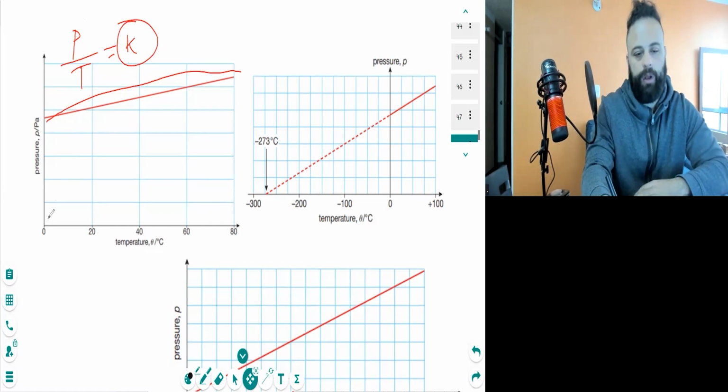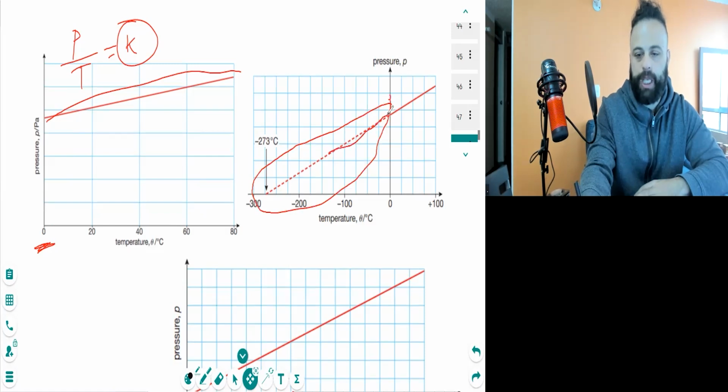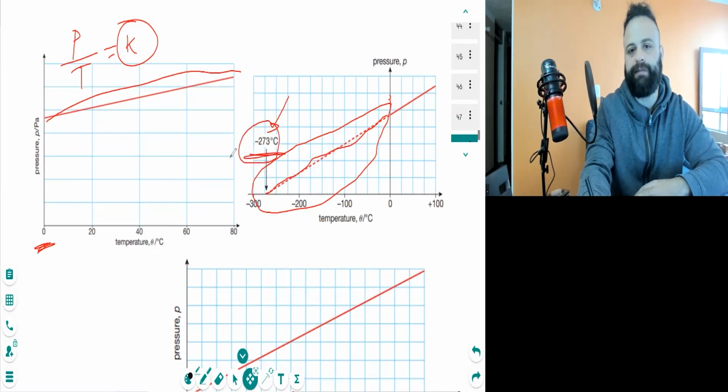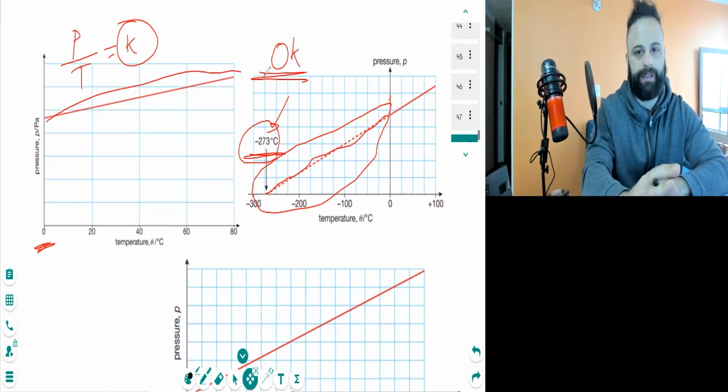Now, what we want to know is what happens under 0 degrees. So they extrapolated over here and they found out, okay, as you keep going down, the pressure keeps on going down until you reach this minus 273. Now, this minus 273 degrees is known as absolute zero. It's the same as me writing 0 kelvins. And I'll go through kelvins later on.